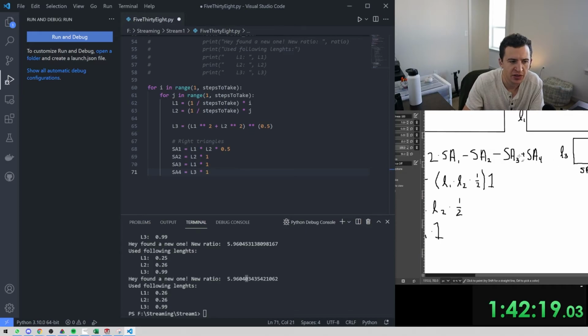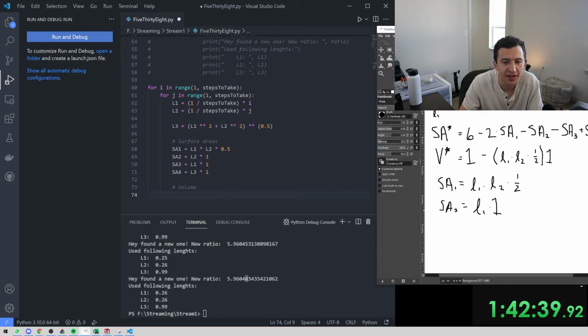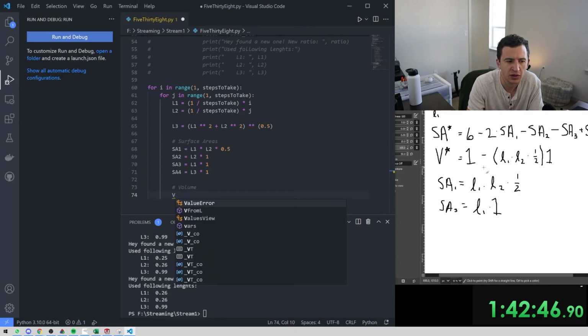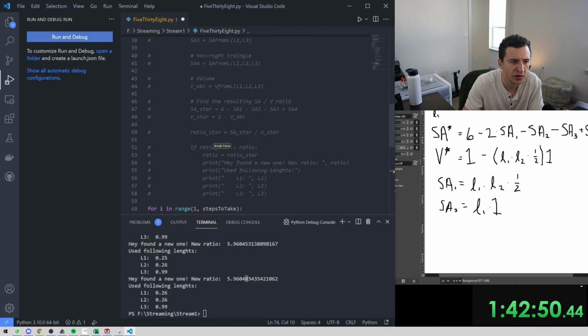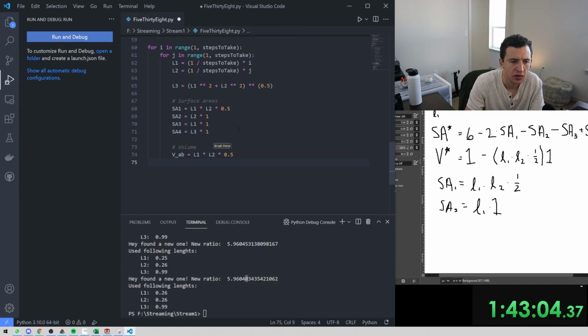Okay, so now we have the surface areas. And now the volume. And the volume is equal to V, what did I call it before? VABC. Okay, cool. Technically times 1. We'll just do that.